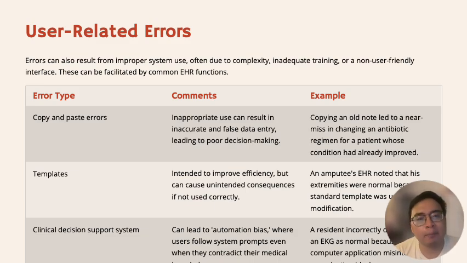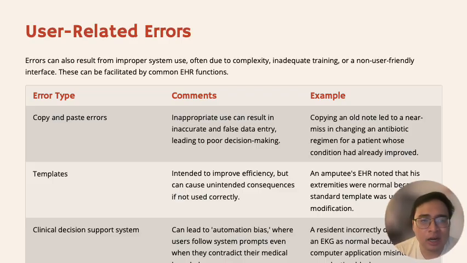Next would be templates. Okay? So, iba-ibang tawag niyan per department. Pero yung narinig ko ng ibang tawag dyan, parang lyrics, no? Yung parang template na nila. Tapos, kapag ito yung sakit, halimbawa, pag ito yung diagnosis, ito na agad yung chart nila for that patient. Although that's good technically because it improves efficiency, but in the wrong hands, it could cause unintended consequences.